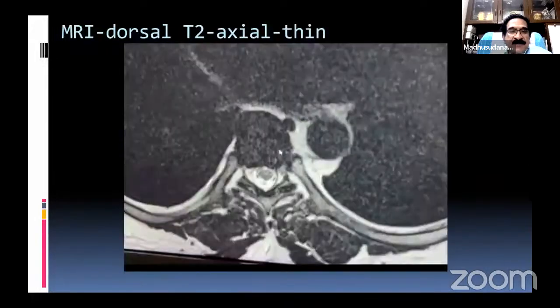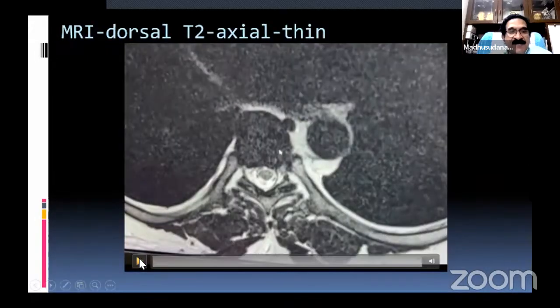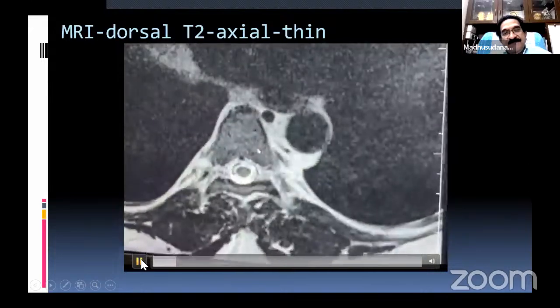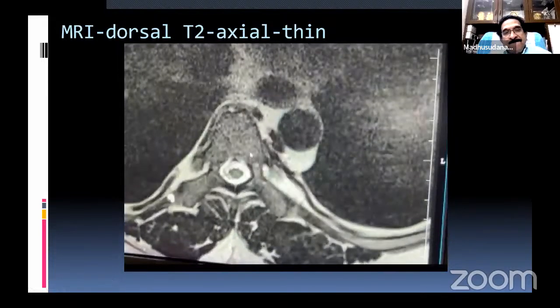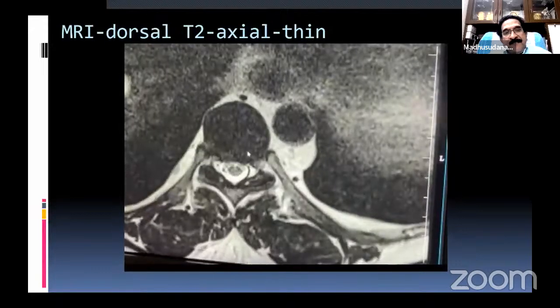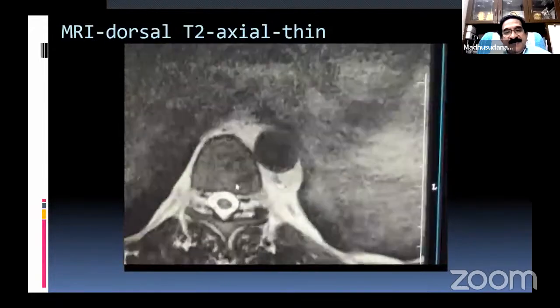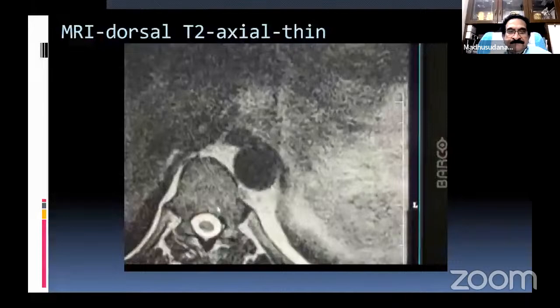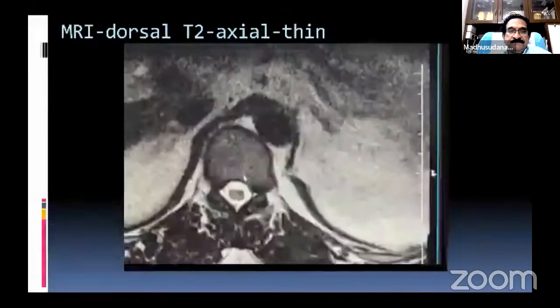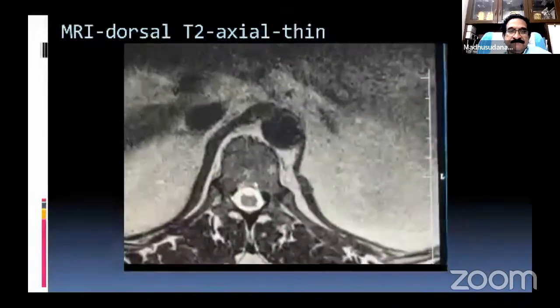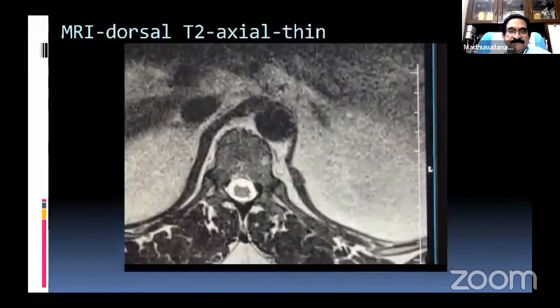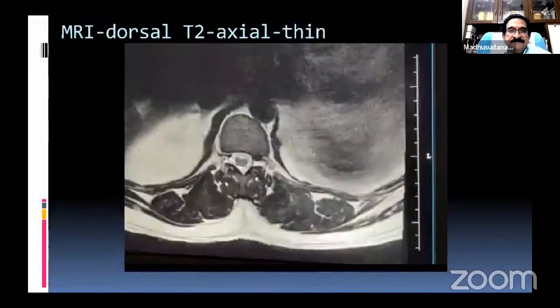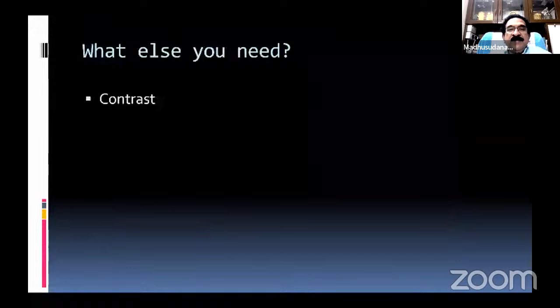Then again I wanted a thin cut of the dorsal axial. Again, no abnormality was seen. Then what else do you need?